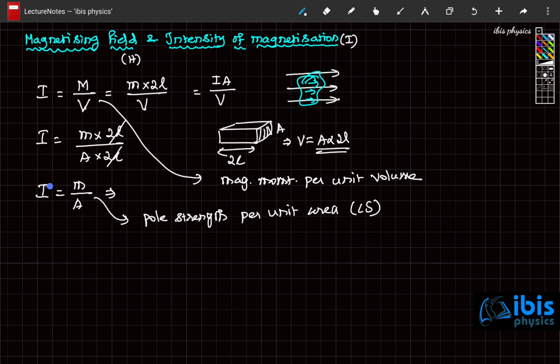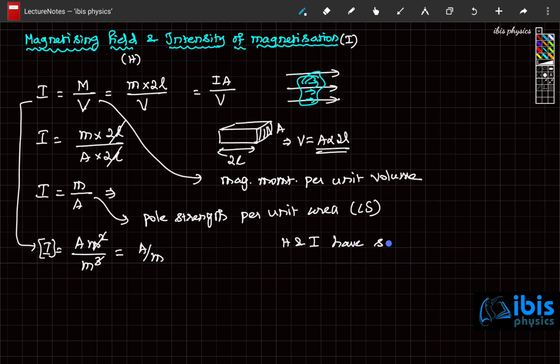And the unit of intensity of magnetization is magnetic moment unit by volume. Magnetic moment is current into area, which is ampere meter square, by volume meter cube, cancelling to ampere by meter. Relate three things. H and I have the same units, or like quantities we can say.